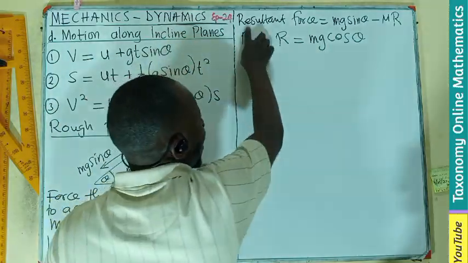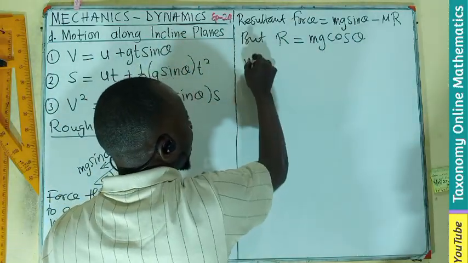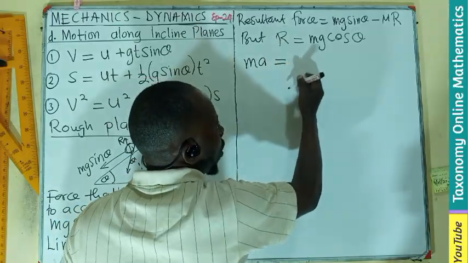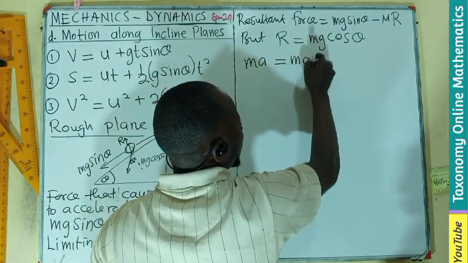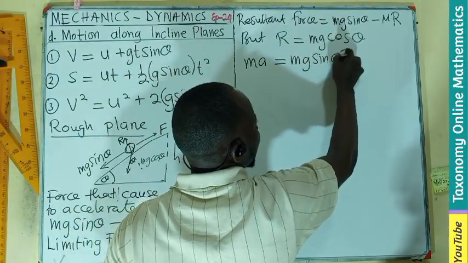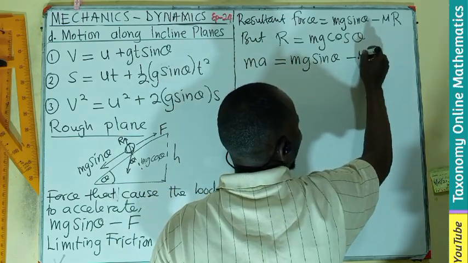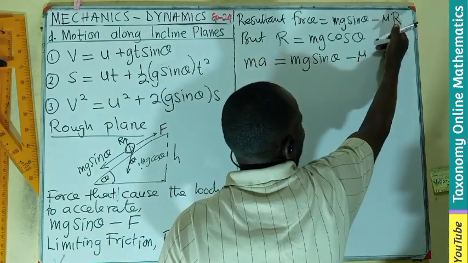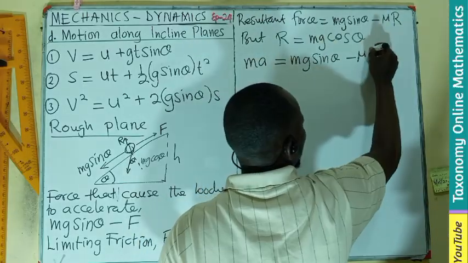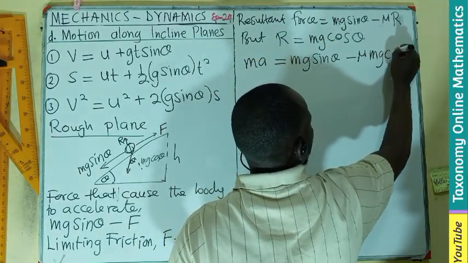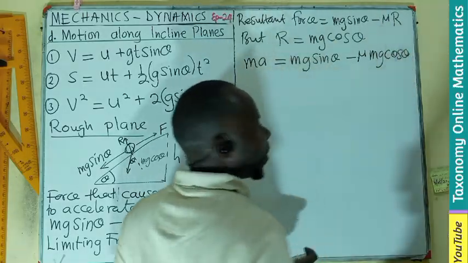So this means that the force, which we know to be ma, equals mg sine theta minus the coefficient of friction times the normal reaction, which is also mg cos theta.